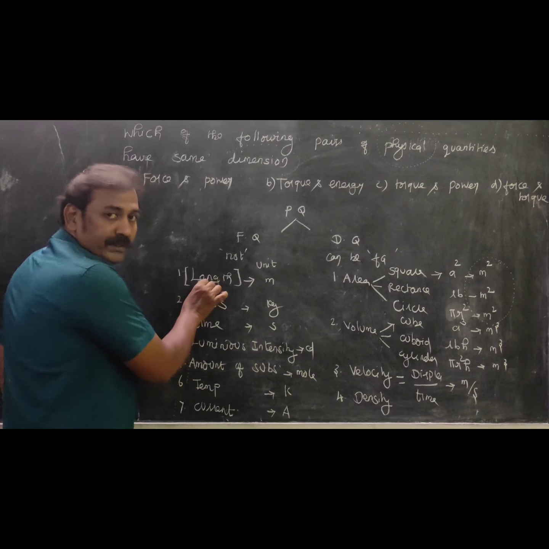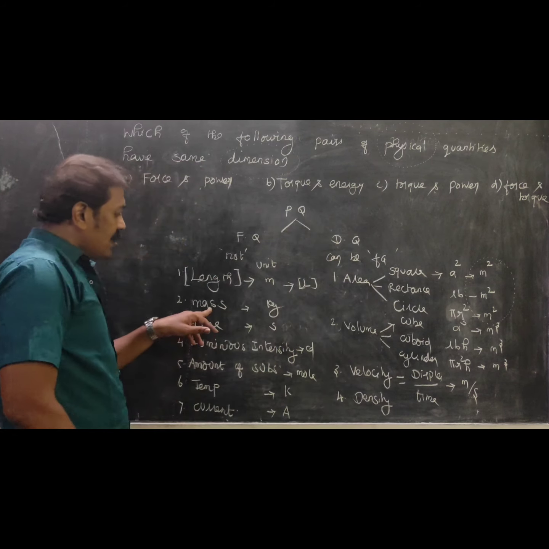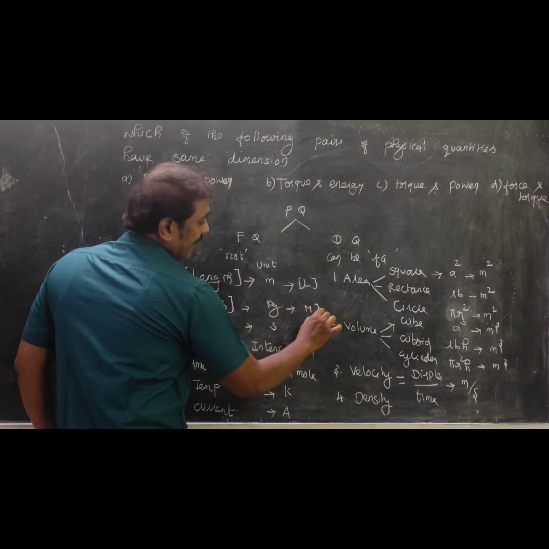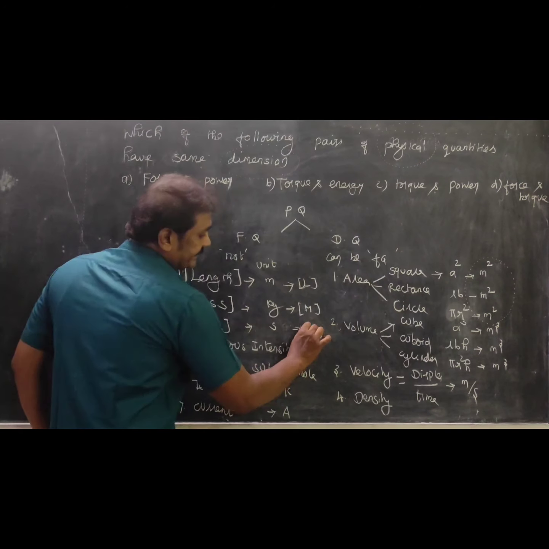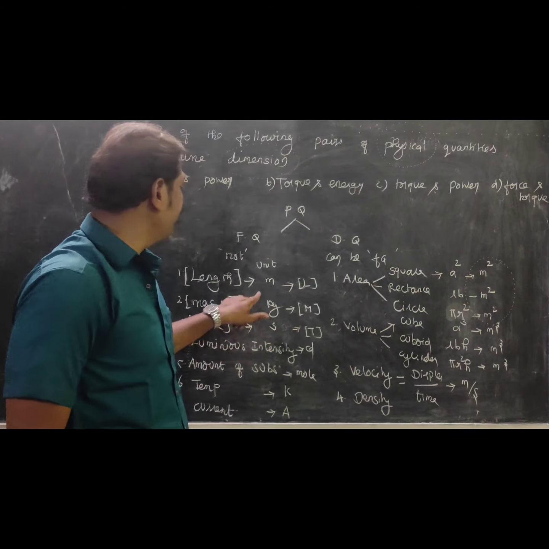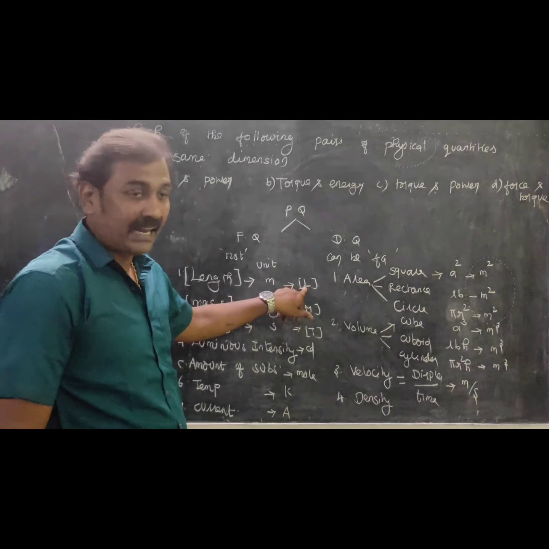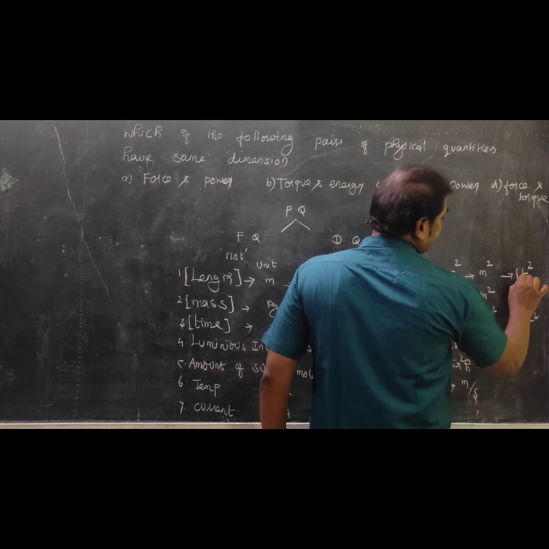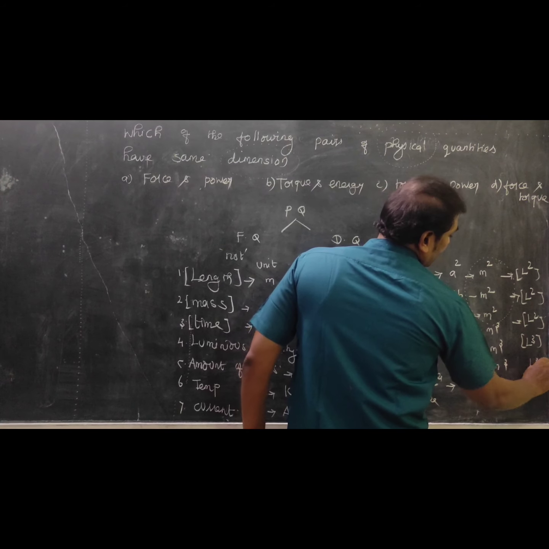The dimensional formula for length is L. For mass, capital M. For time, T, and so on. For area, meter squared, the dimension is L squared. For volume, L cubed.